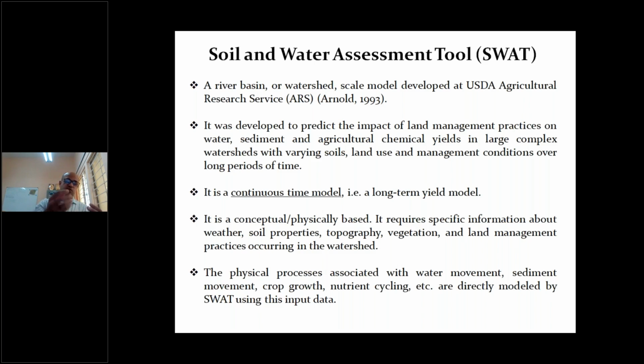So it depends on what criteria you are defining. The area which qualifies for that criteria will be classified as one HRU. The next area which qualifies will be classified as a second HRU. So this is how the area will be divided into different HRUs, and then the model will solve the water balance and soil erosion for each HRU.